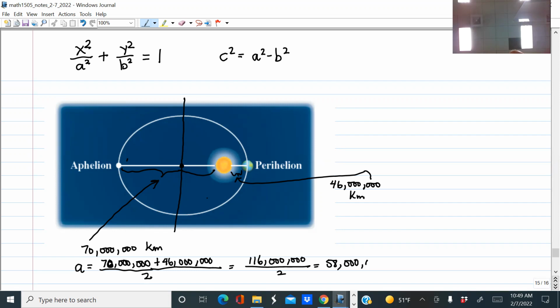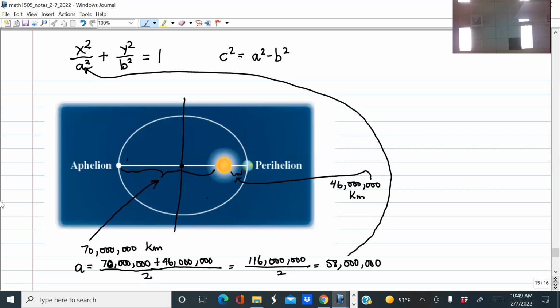So you get this really huge number, and that is what's going to go into this denominator, squared, remember? So you have to take the 58 million and square it. That gives you a huge value.